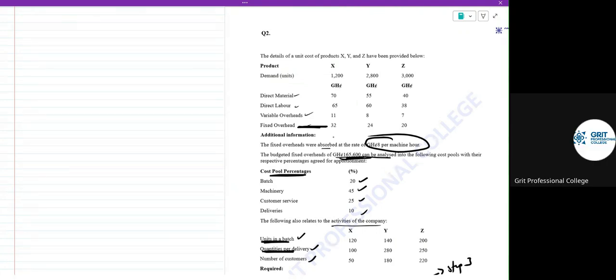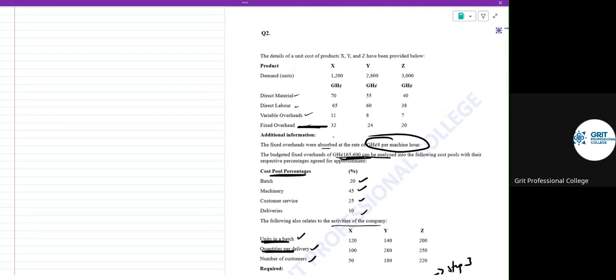What basis of absorption did they use to arrive at this 8 cedis per machine hour? Machine hours. So they use the total machine hours.